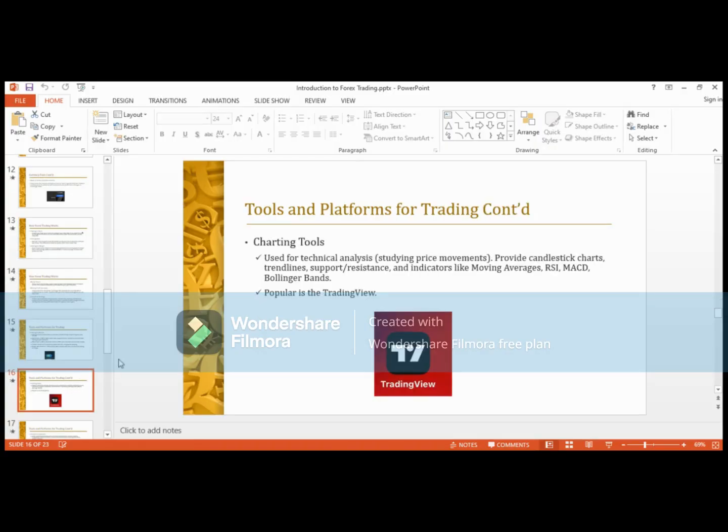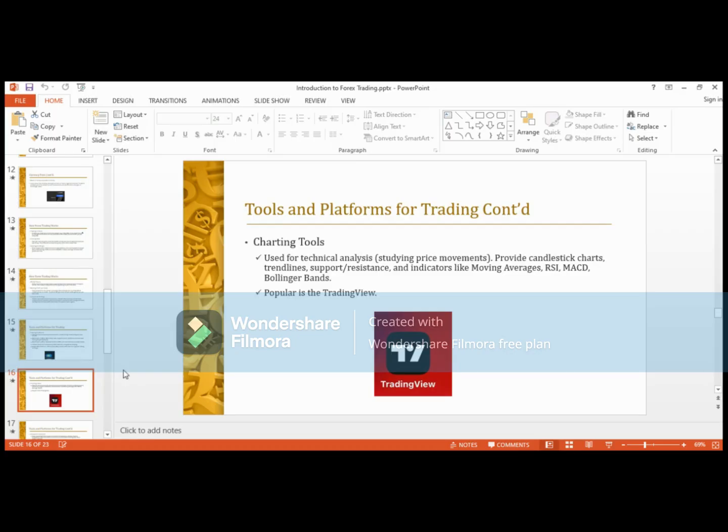Okay, so charting platforms like TradingView are also used for technical analysis. This is a place where we study price movement. It provides candlestick charts, trend lines, support and resistance, and indicators like the moving averages, the relative strength indicator, the MACD, and the Bollinger Bands.